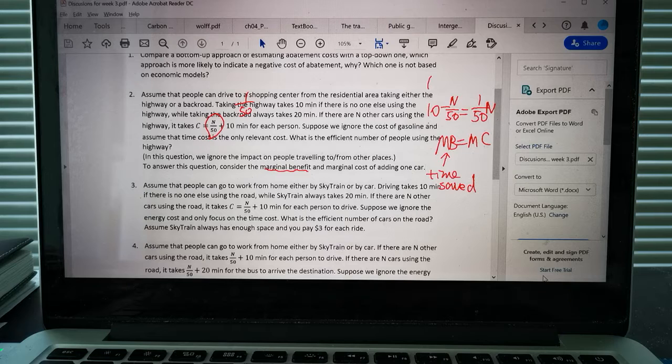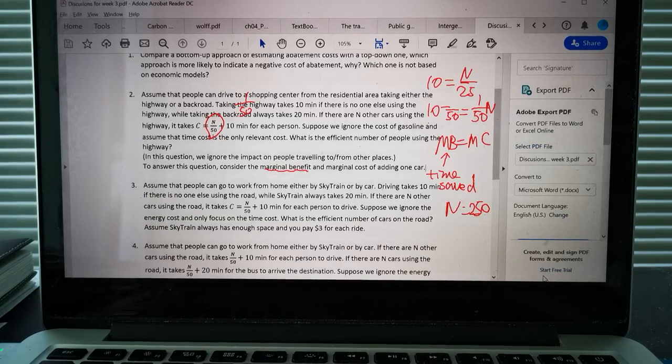Well, you can calculate that and you get, actually, sorry, n is equal to 250.